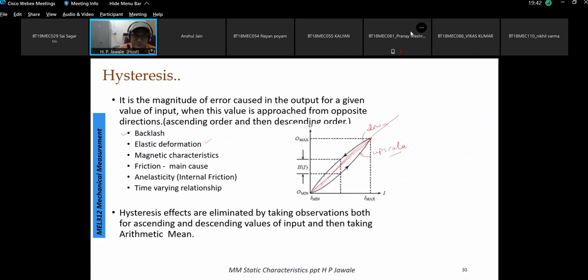Then there can be some internal friction, and then time varying relationship. This is a dynamic response, but that occurs over a large span of time. There can be wear and tear and different components introduced after consistent usage. So these are the elements that are going to affect the hysteresis, right?